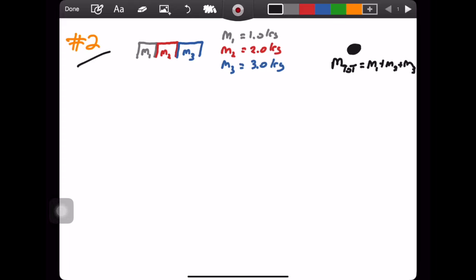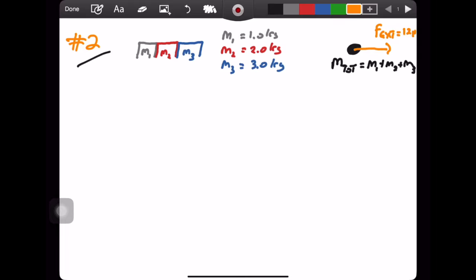So if you can imagine all 3 of those masses represented by a single dot, there's some external force being applied, and that external force is equal to 12 newtons. So I want to show you how we can think of all 3 masses moving to the right with some external force of 12 newtons, and to what extent that entire system is going to accelerate.